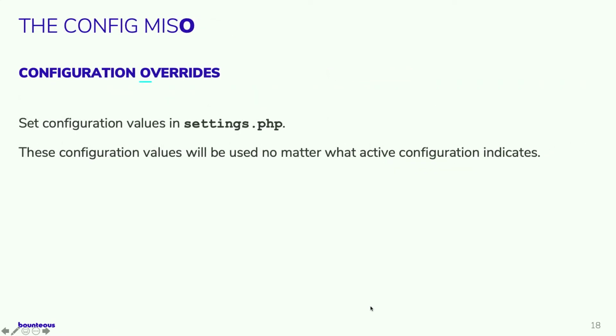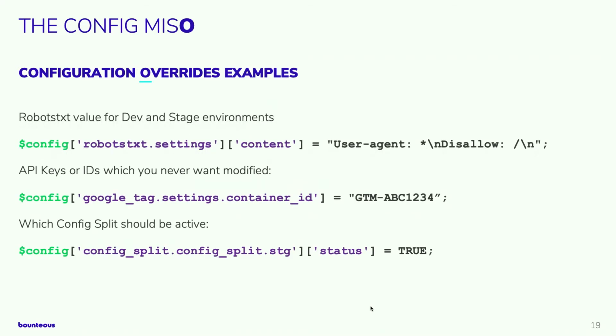And then the last is the configuration overrides. This is the pretty traditional, I want what I have in my settings file to win over whatever the database and active configuration may say. And these would be used, that's kind of the last word of what a setting, a variable, is set to.